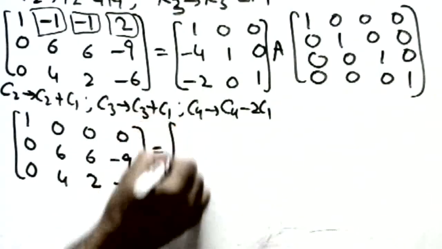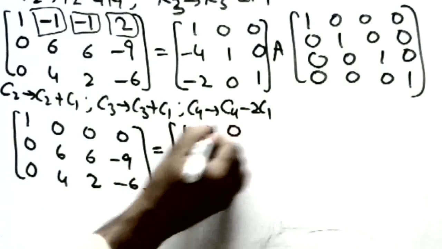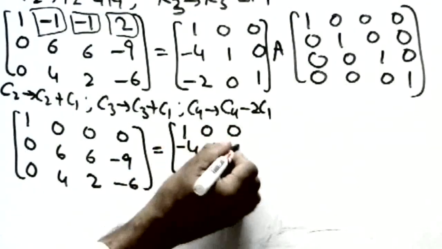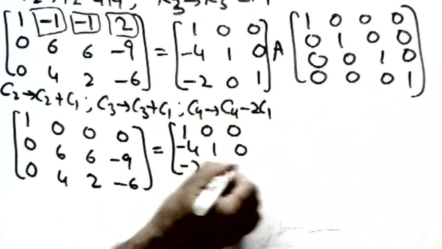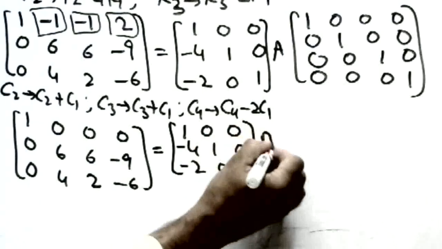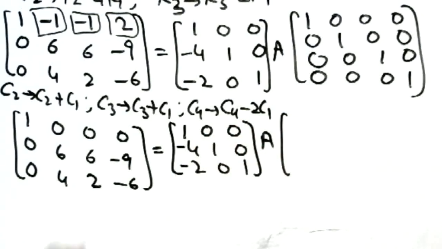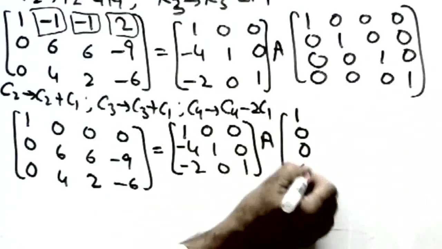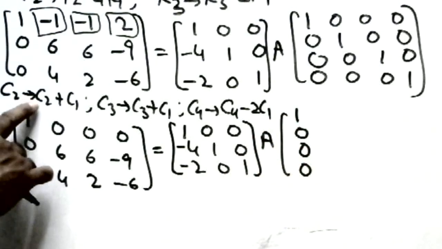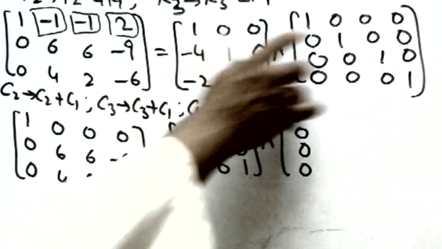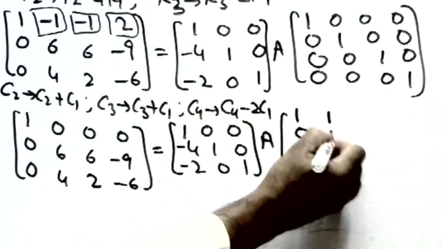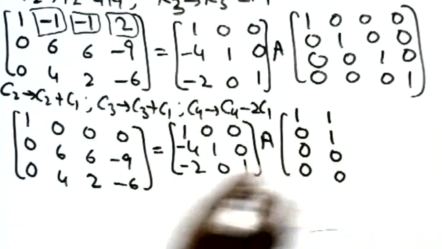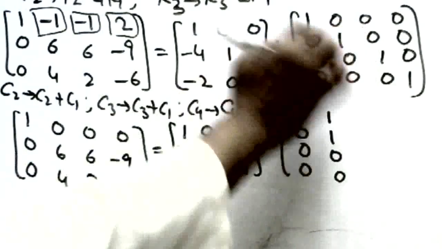So we change the columns now. Don't change this matrix, write this as it is: 1 0 0, minus 4 1 0, minus 2 0 1, into A into, now let me change this one. We are not changing the first column, right, as it is 1 0 0 0. What is the second column operation? C2 plus C1: 0 plus 1 is 1, 1 plus 0 is 1, 0 remains 0.